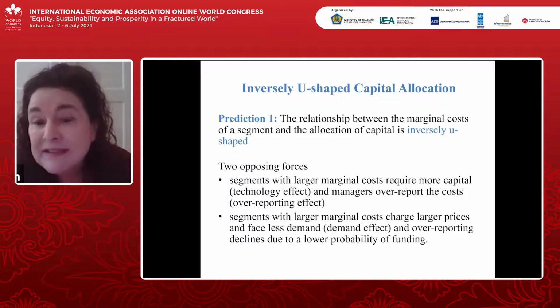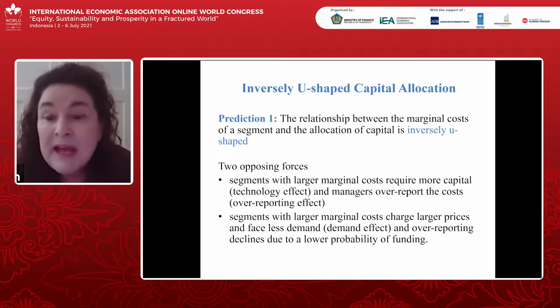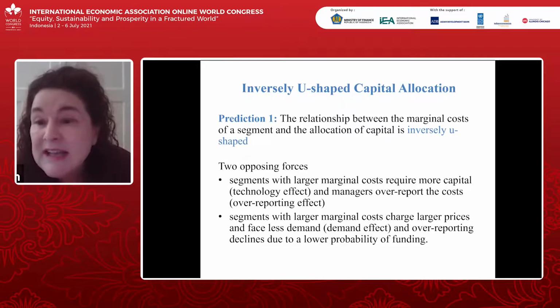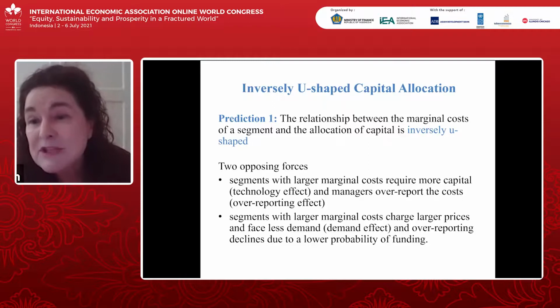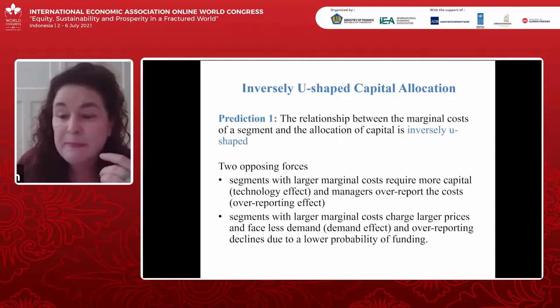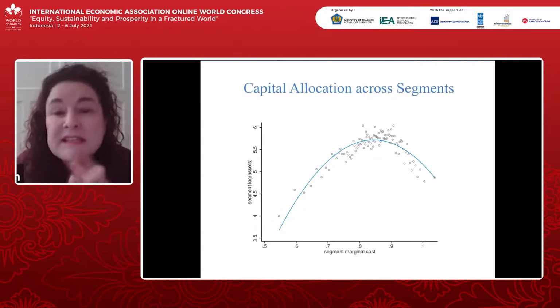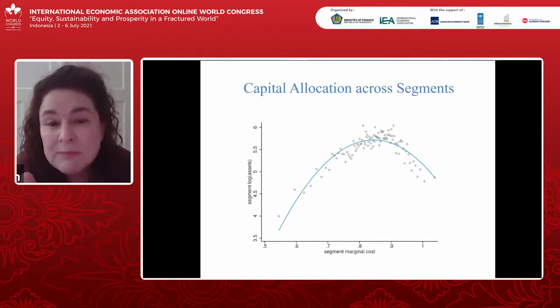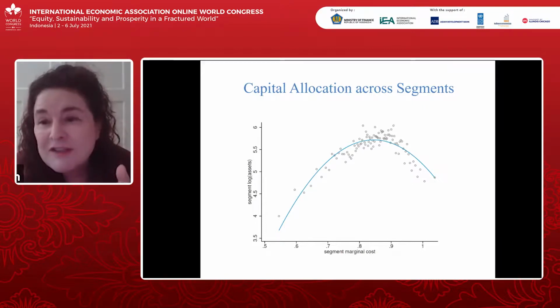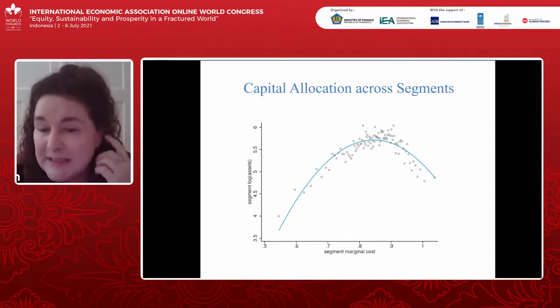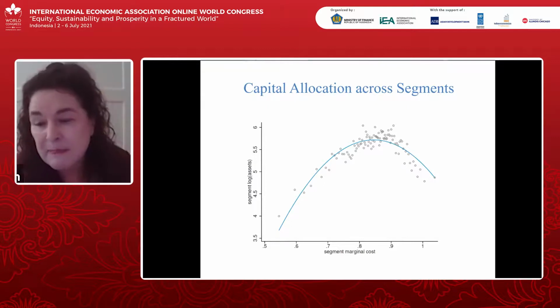And that's the demand effect. Therefore, they produce less, so they need less capital. And over-reporting starts to decline at the segments with larger marginal costs because they have a lower probability of being funded. So that's why you see this inversely U-shaped relationship. At low marginal cost, the capital allocation rises. At high marginal costs, the capital allocation declines with higher marginal costs.